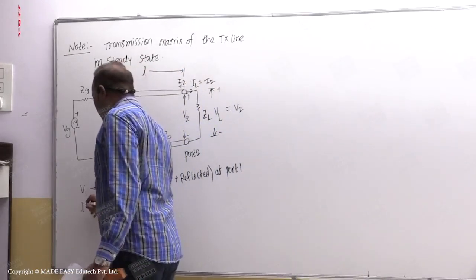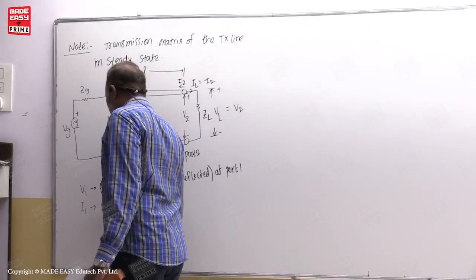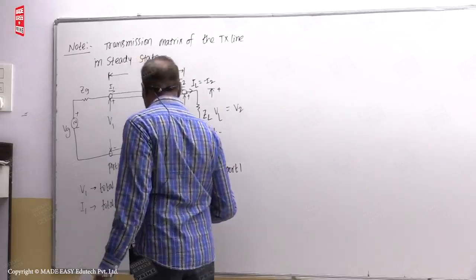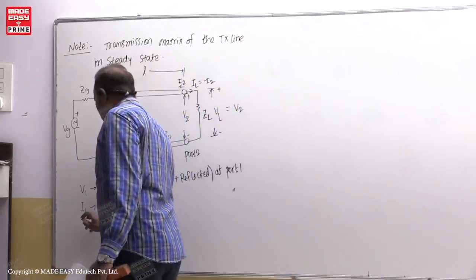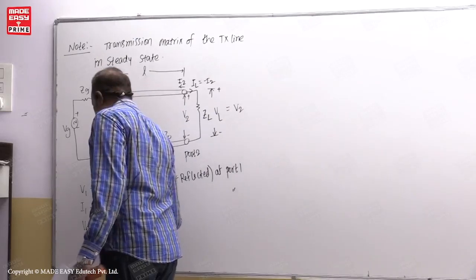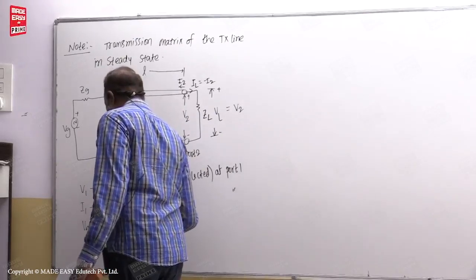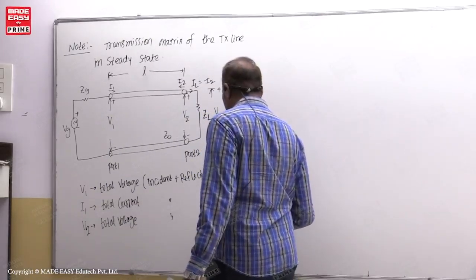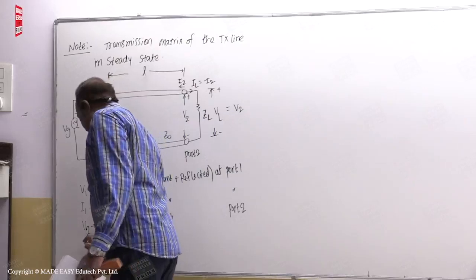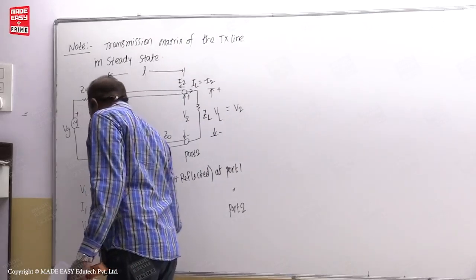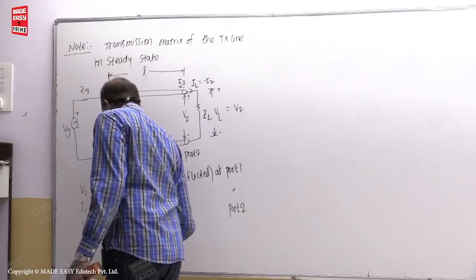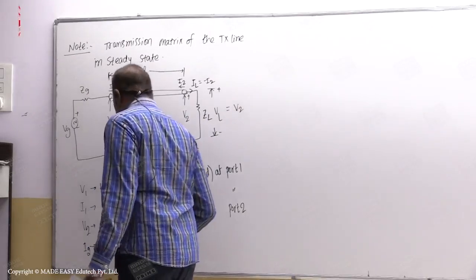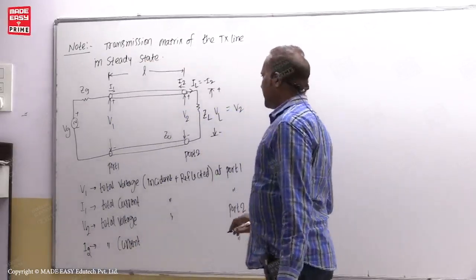Similarly, I1 is total current at port 1, and V2 is total voltage at port 2, and I2 is total current at port 2, students.